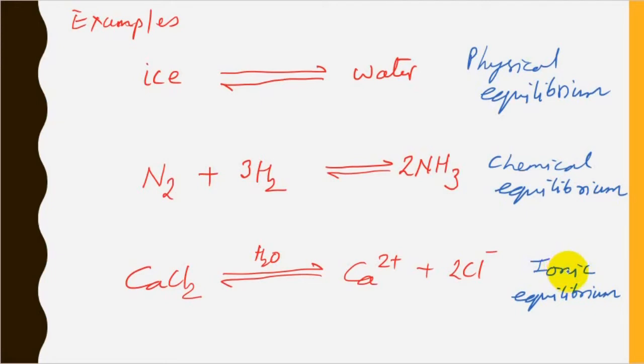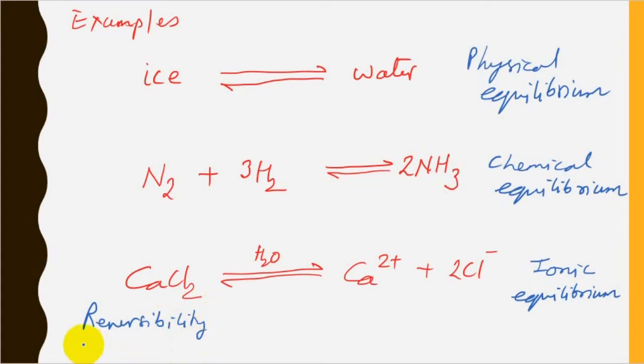They take place under different conditions and all those things, but basically one thing is common in all: the process has to be reversible. That means reversibility has to be maintained. And the second thing which we talk about is the rate at which the forward and backward process take place. Clear? So the first thing, reversibility has to be maintained.